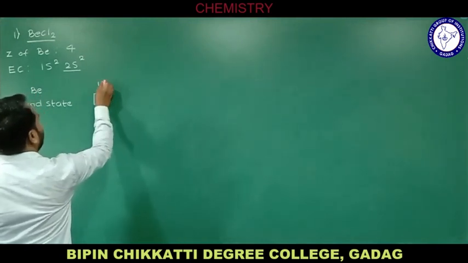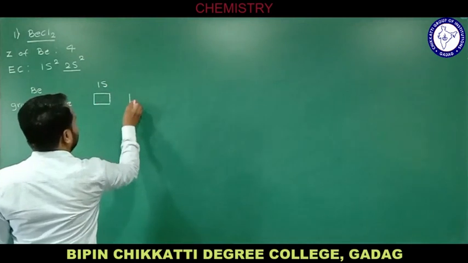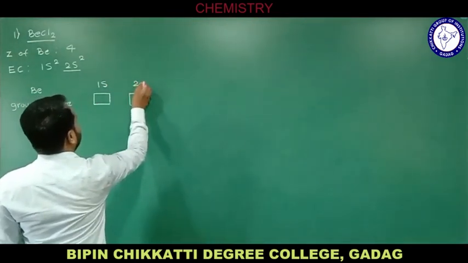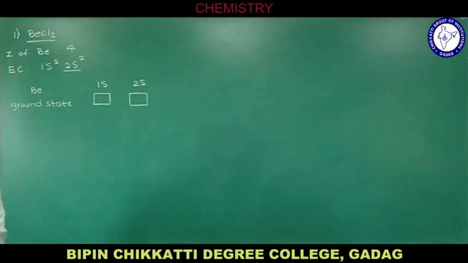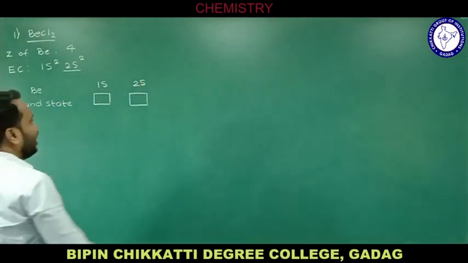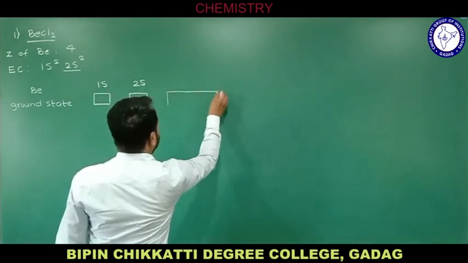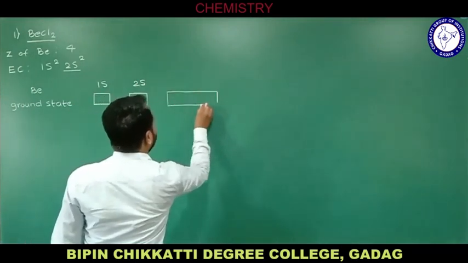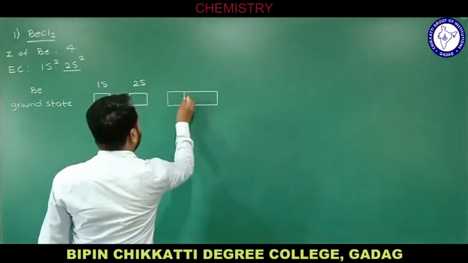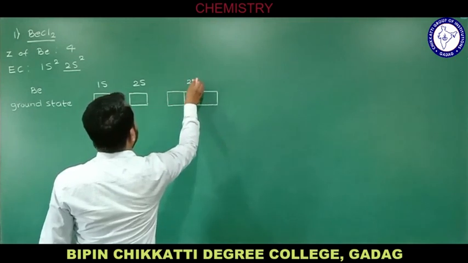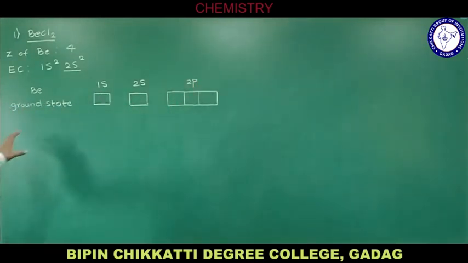This is for 1s, this is for 2s, and since in the excited state I need 2p electrons, I am going to draw it here for the p. We have 3 atomic orbitals for p, px, py and pz, and this is for the 2p. So this is how we are supposed to consider the electron distribution.